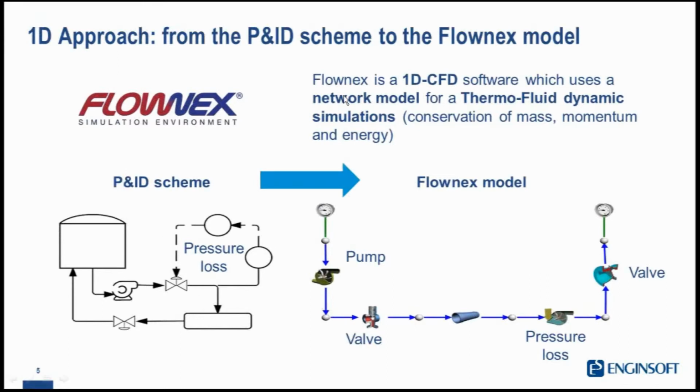The approach from a simulation point of view: you can use a 1D tool, a system tool, in this case Flownex, which is a CFD tool designed for the simulation of pipelines, and especially the water hammer effect is one of the basic simulations that you can perform in Flownex. Flownex works with a network model based on conservation of mass, momentum, and energy, and it also takes into account the friction losses of the pipes in your network.